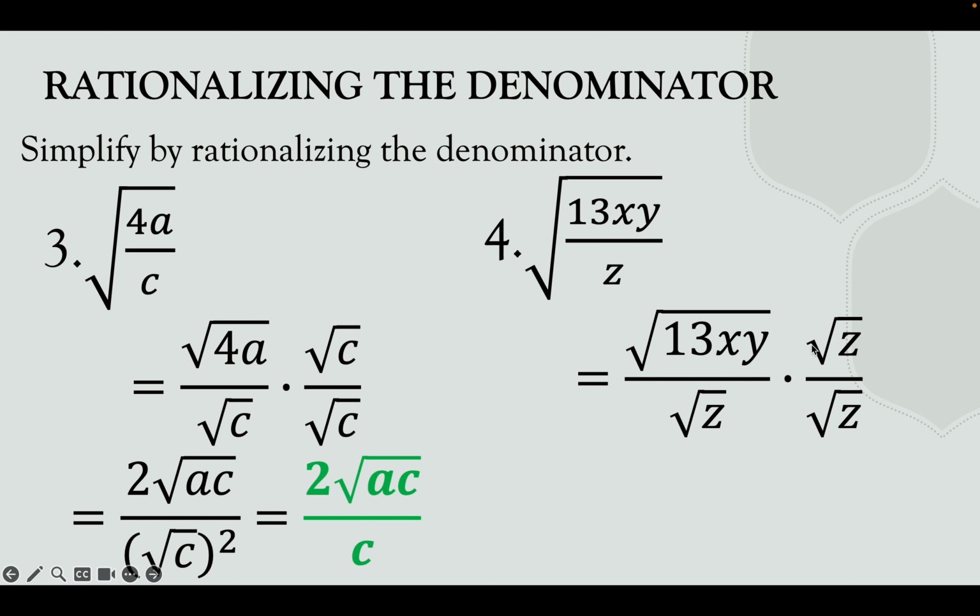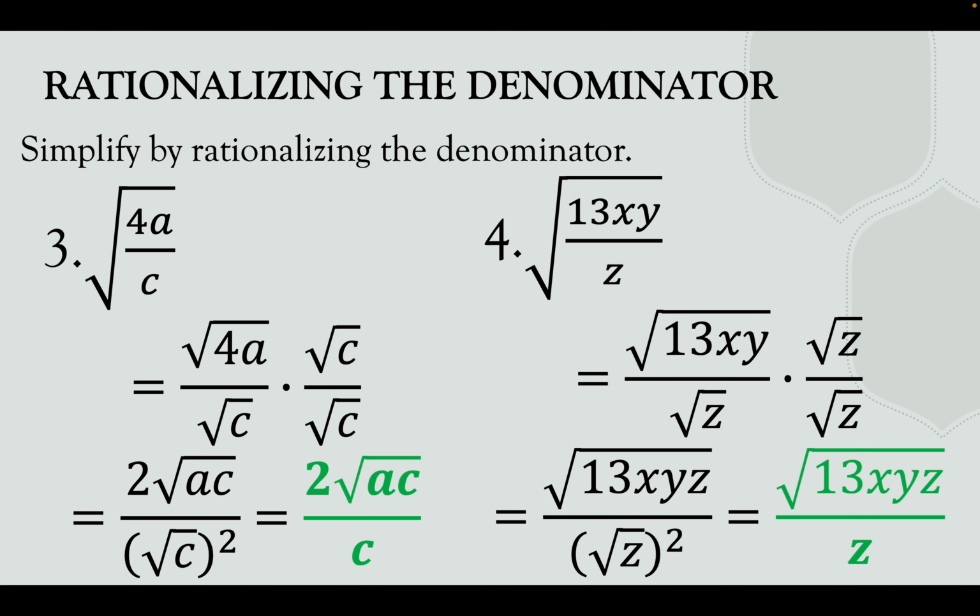Multiply numerator times numerator, we have square root of 13xy times square root of z, we have square root of 13xyz, and square root of z times square root of z, we have square root of z squared. So we have here to simplify the denominator. Since our index is 2 and our exponent is 2, we can eliminate that one. So we have now square root of 13xyz over z.